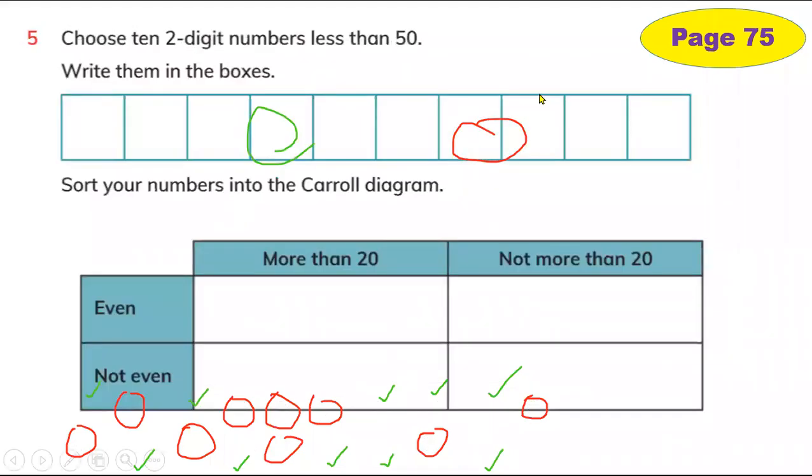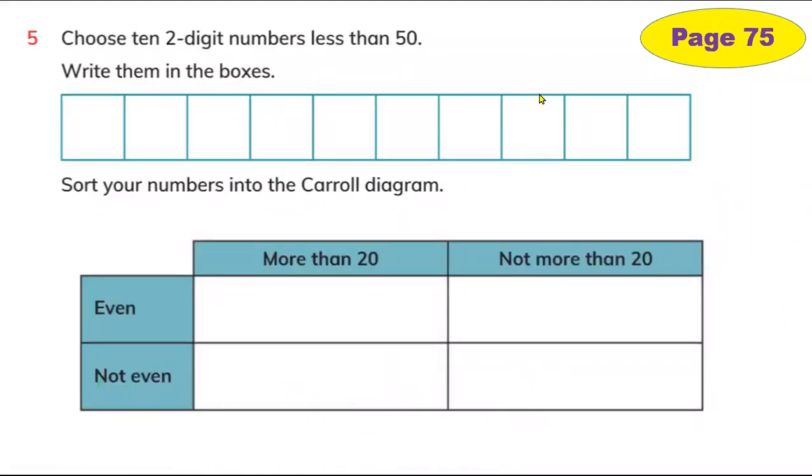Okay, let's look here at question number 5. In the previous unit 2, we learned about even numbers and odd numbers, right? So even means the group of 2. The numbers can make groups of 2. And not even means the number cannot make a group of 2.